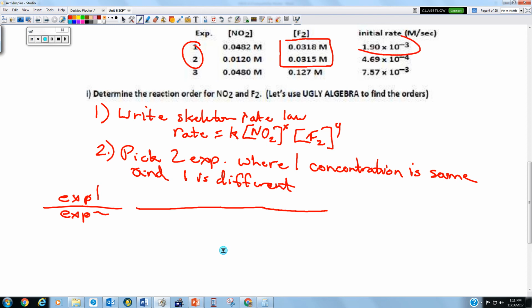Our rate is 1.9 times 10 to the negative third equals K times the concentration of NO2, so that's 0.0482 to the X times 0.0318.